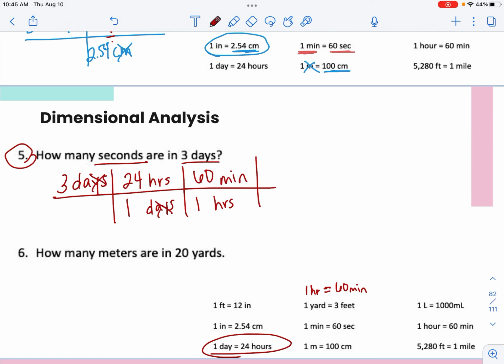So now my days have canceled, my hours have canceled. I'm at minutes, I need to go to seconds, right? So I know that if minutes are on the top, I need minutes on the bottom. I know 1 minute is 60 seconds. Now I'm in seconds, I'm ready to solve.